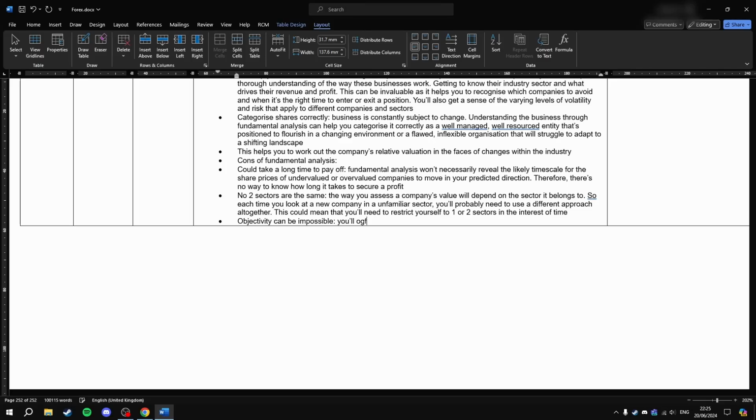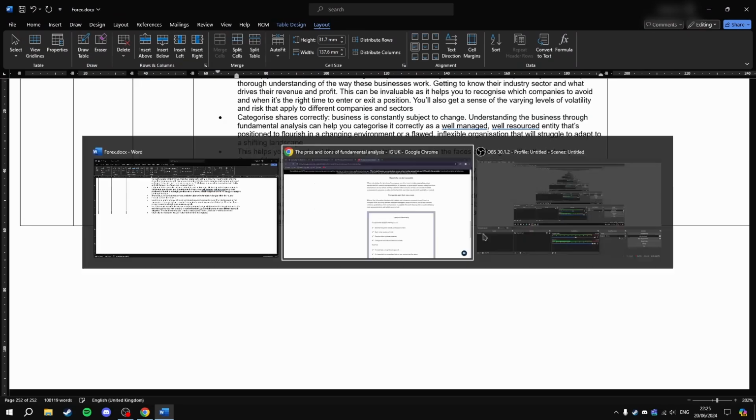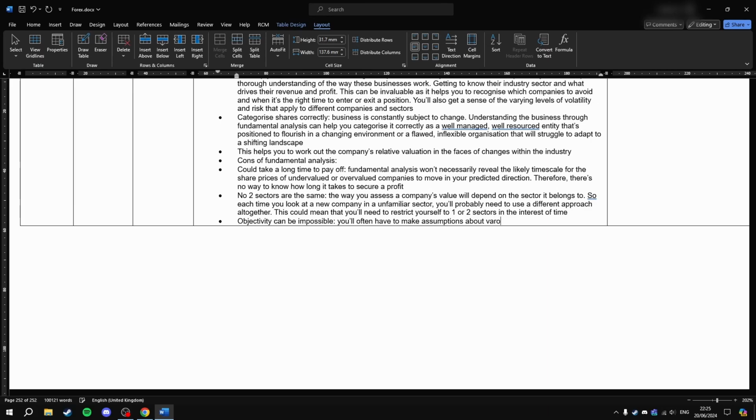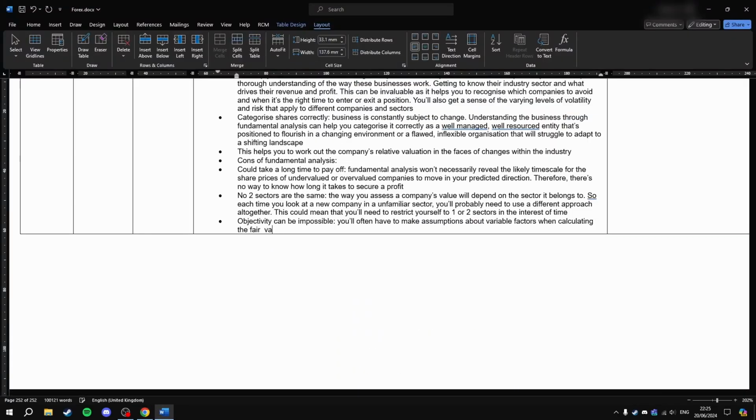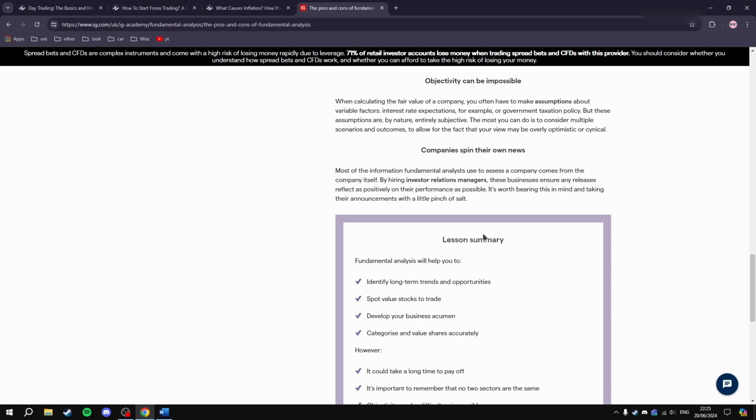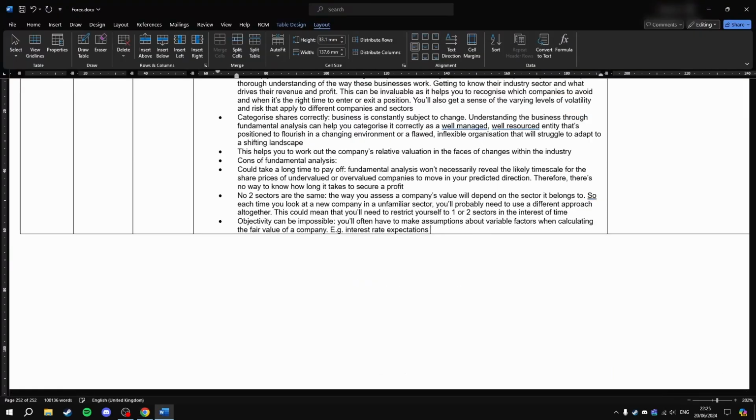You'll often have to make assumptions about variable factors when calculating the fair value of a company, for example interest rate expectations or government taxation policy.